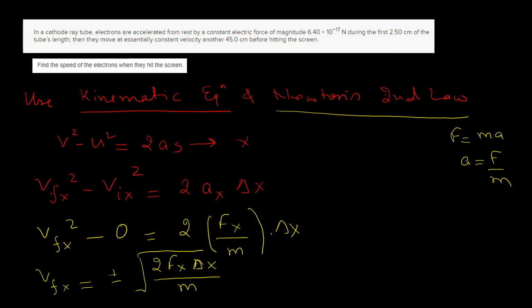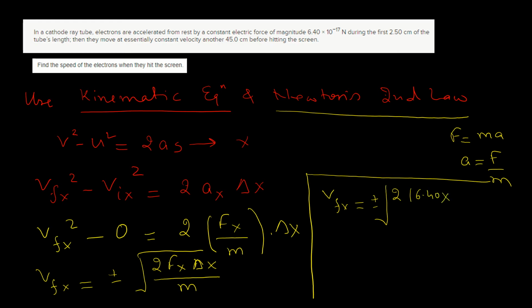We are just gonna solve this equation now. So v_fx is equal to plus minus the square root of 2 times F_x, which is given to us as 6.40 times 10 to the power negative 17 newtons, and delta x is 2.50 centimeter.